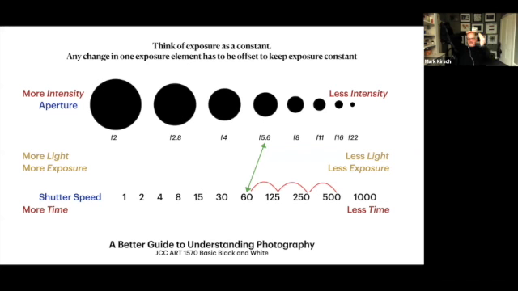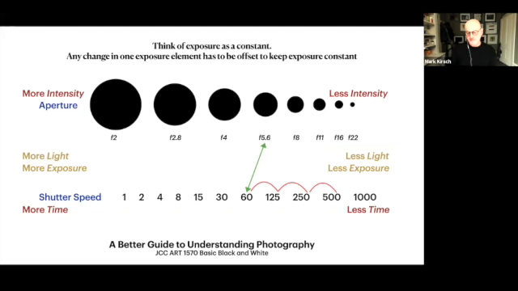So if I am reducing the time and reducing the exposure, how do I fix that balance? How do I reestablish the balance with my aperture? You would go to a larger.